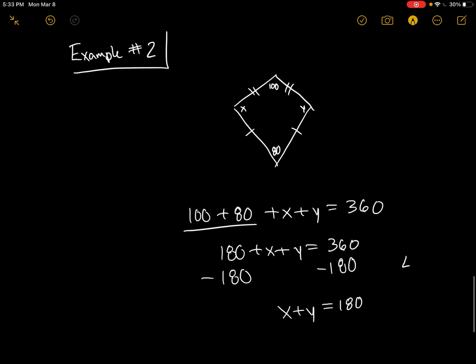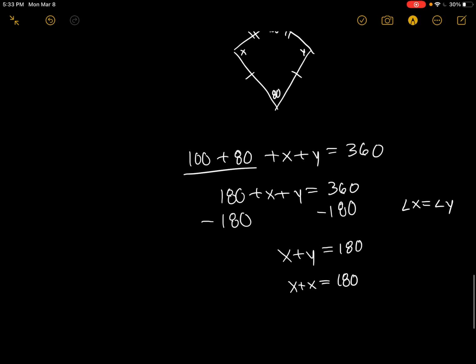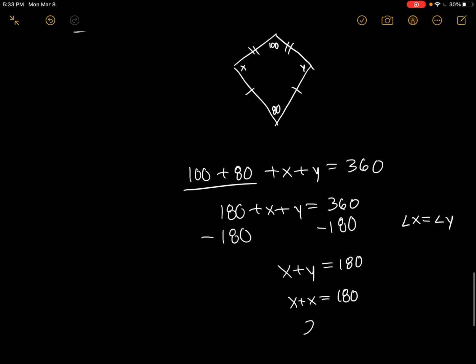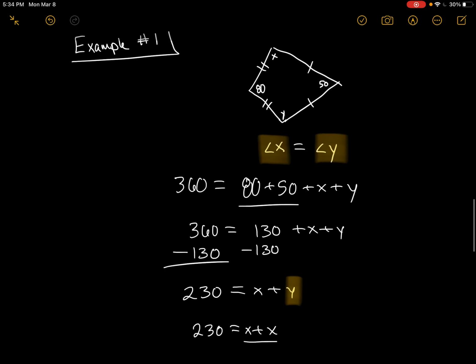Combine those like terms. We know, just like above, that angle X equals angle Y, so we can substitute. Because again, it is a kite, which means we have one pair of congruent angles, I should say. Divide by 2, X equals 90, so Y also equals 90.